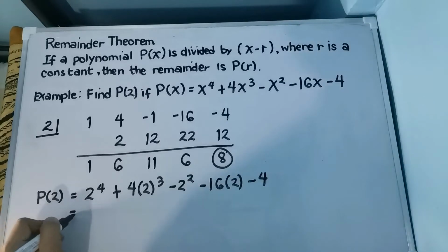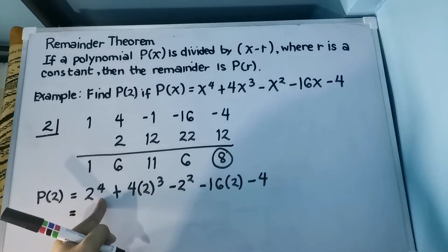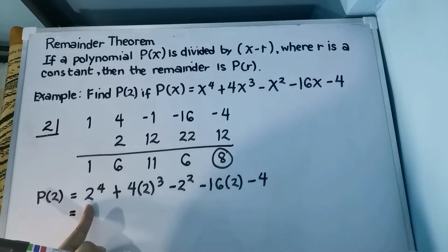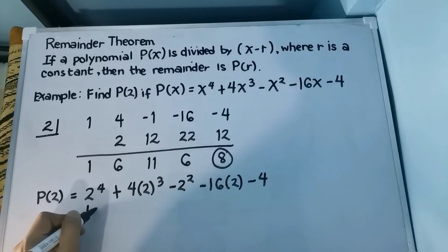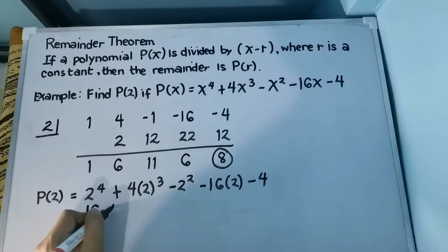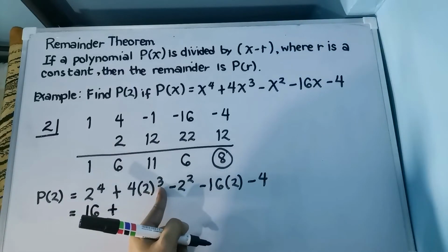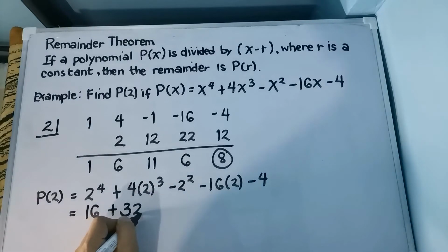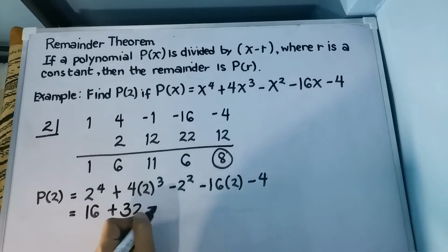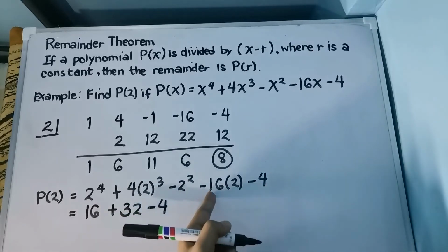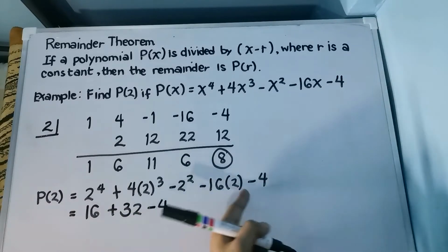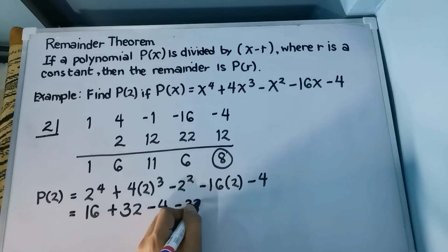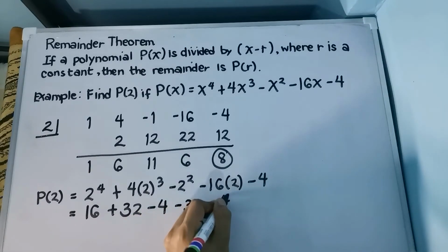And then 2 to the 4th, that is multiplying 2 by itself 4 times, so that is 16, plus 2 cubed is 8 times 4 is 32, minus 2 squared is 4, and then negative 16 times 2 is negative 32, minus 4.